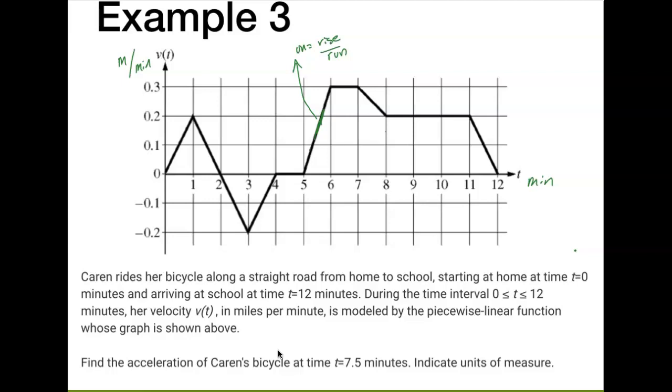Usually we use s to represent position. So if s of t is position versus time, then s prime of t gives me velocity. S double prime of t, which is v prime of t, the first derivative of velocity, gives me acceleration.